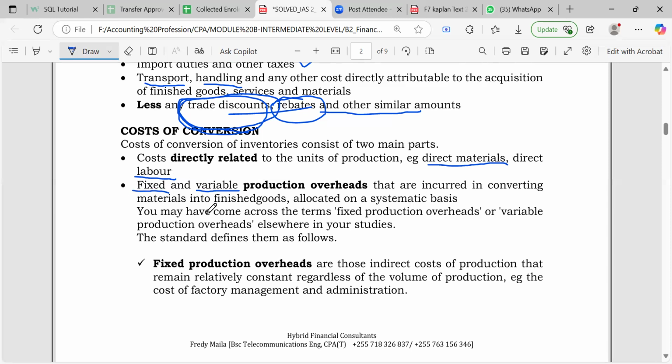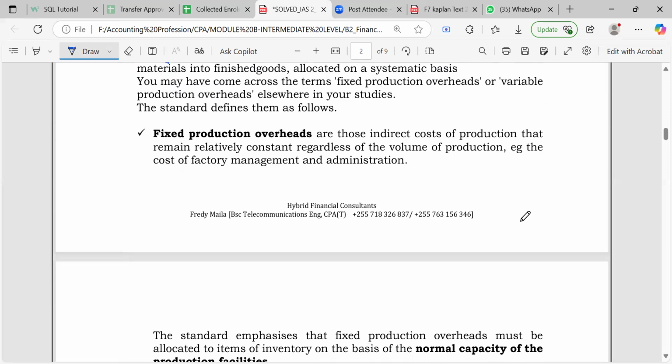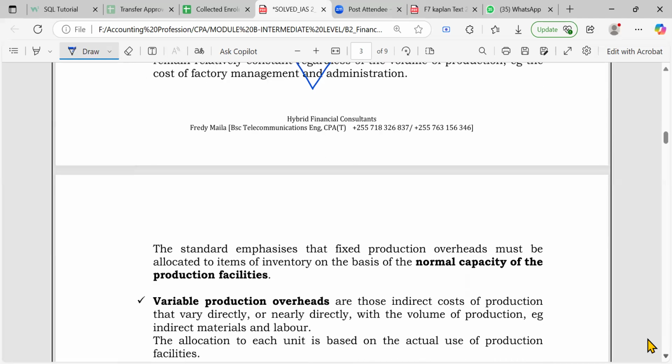They do not change for the whole accounting period. So they are given in total, but the variable ones are common for each unit. They're the same per unit, but if you increase the units, the cost also increases. One unit, $10. Two units, $20. Three units, $30, and so on.